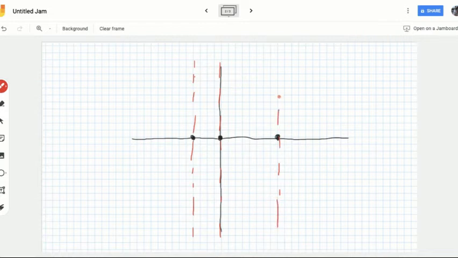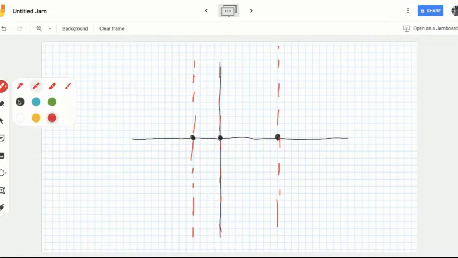I apologize, this just isn't that good. All right, so what we have is 3 vertical asymptotes. And what that means is these are the values in which the rational expression is undefined. They are the values where the graph doesn't exist.